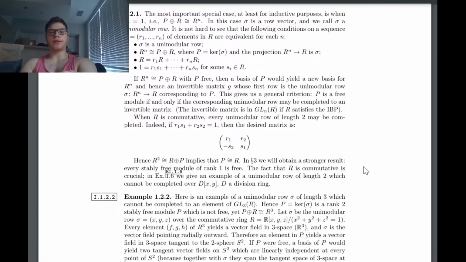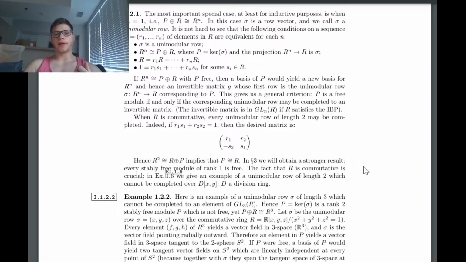So if you can complete it to a basis, you get a different complement. The unimodular row is actually, like, okay, if you have the projection onto the R component, I want to see if the unimodular row is really the row R1 up to Rn. I think that is true, that this copy of R is spanned by it.